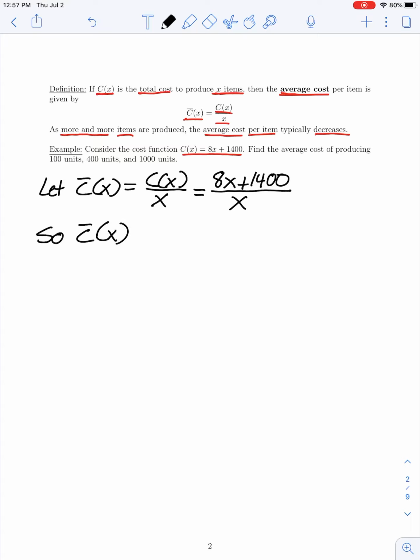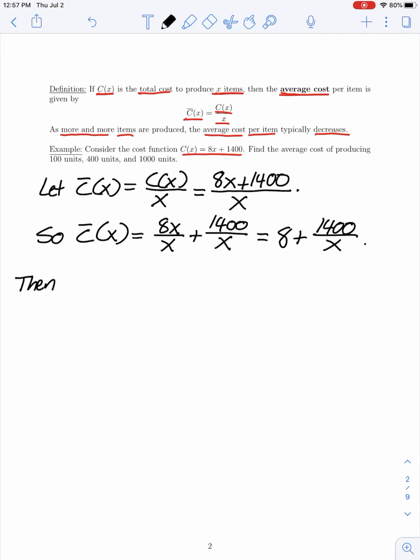So we could rewrite this as 8x over x plus 1400 over x, which leaves us with 8 plus 1400 divided by x, the number of units produced. So either of these two expressions can be used to calculate our average cost per item for the given number of items.